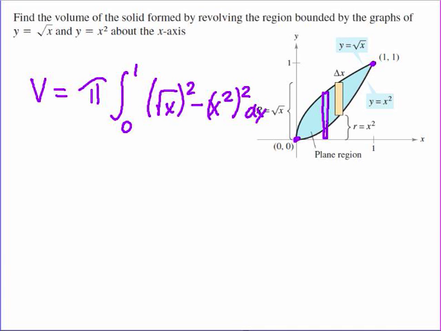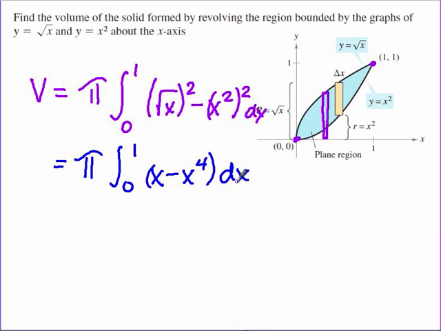So now all I need to do is calculate this. It isn't any more difficult than the ones we looked at yesterday. It's just got an extra step. So I'm going to integrate from 0 to 1, x minus x to the 4th dx. Integral of x is x squared over 2.